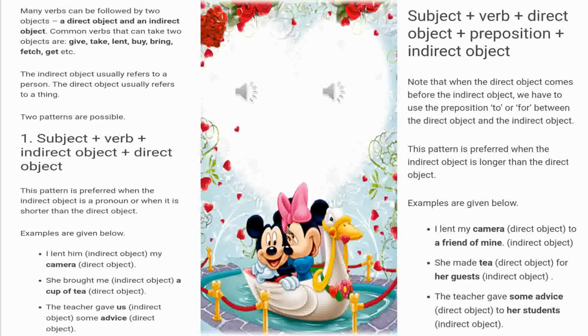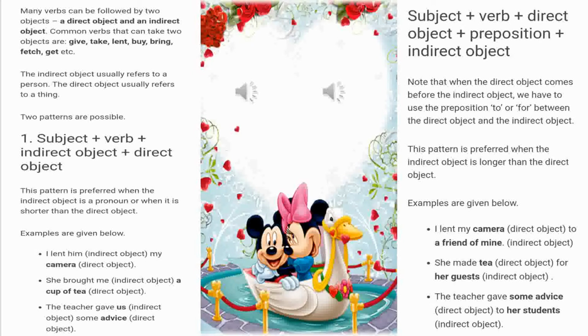I lent my camera to a friend of mine. Here the indirect object is "a friend of mine," and the direct object is "my camera." The indirect object is longer than the direct object, so it is placed after the direct object. Second sentence, she made tea for her guest.